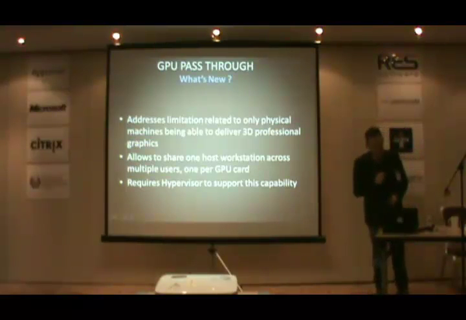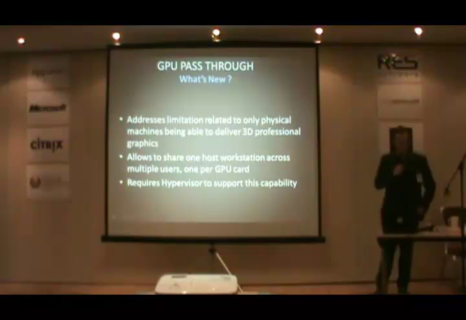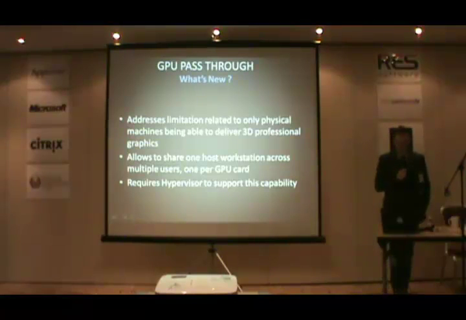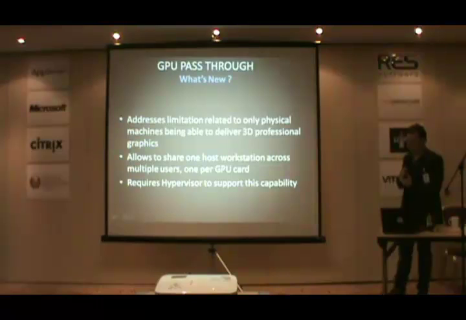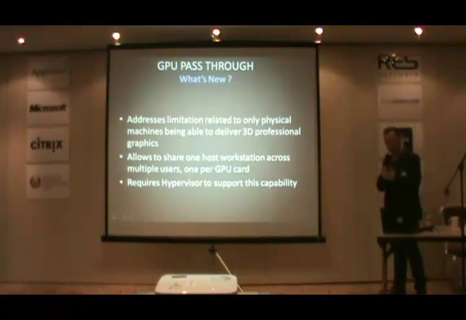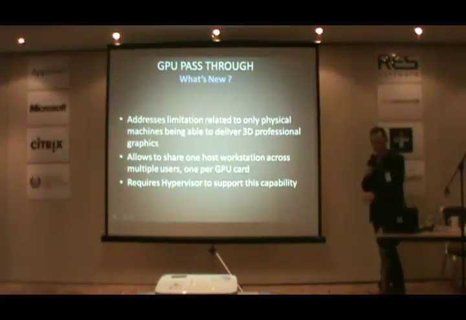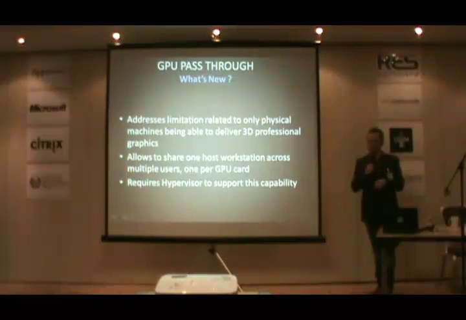So, again, what's new about this? It addressed the limitation of only physical machines being able to deliver 3D graphics. It also allows us to share one workstation across multiple users, but it's one per GPU. I think it's quite cool. So I can take a server or workstation with 2 GPUs and have 2 VDIs on it.